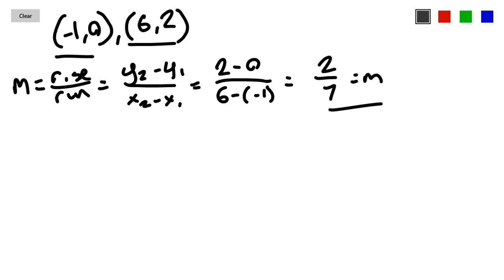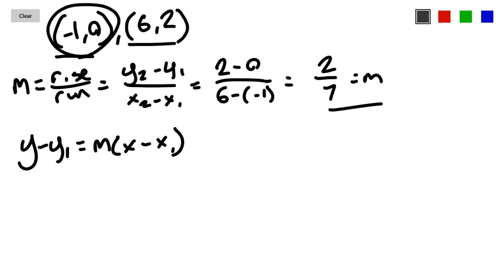I generally choose the one with smaller numbers because it makes the arithmetic a little bit easier. So it's y minus y1 is equal to m times x minus x1. I'm going to choose this point right here for my x1, y1 just because the values are easy, and one of them is a 0, which I really like.